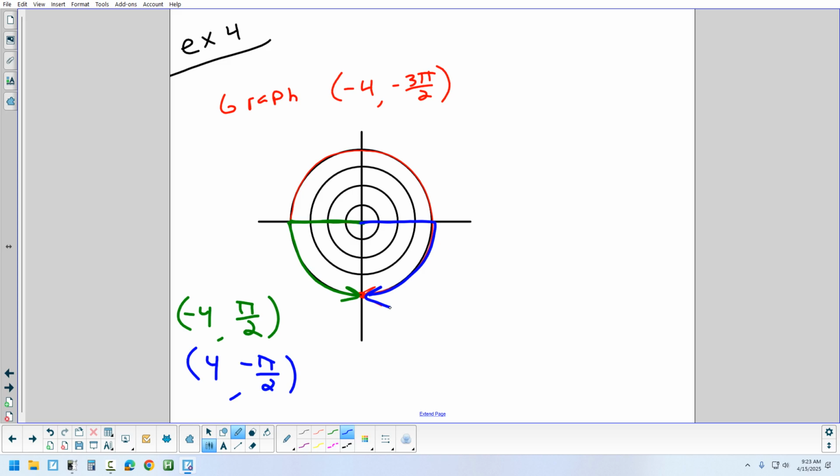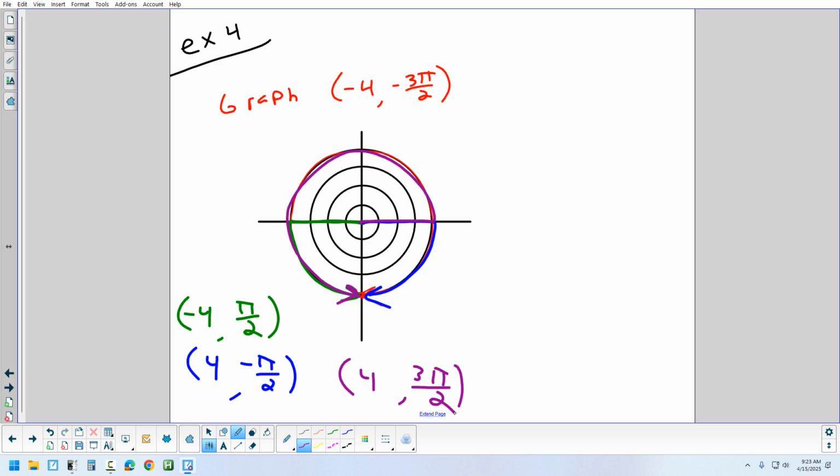There's a third way. And one more. 4, 3 pi over 2. So how many different ways are there to get to that point? 4. Yeah, there's 4 different ways. You can go right and then clockwise or counterclockwise, or you can go left, clockwise or counterclockwise.